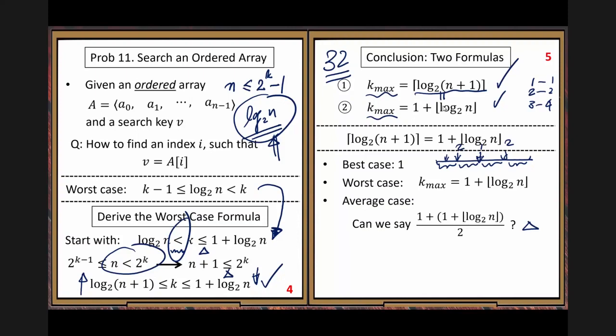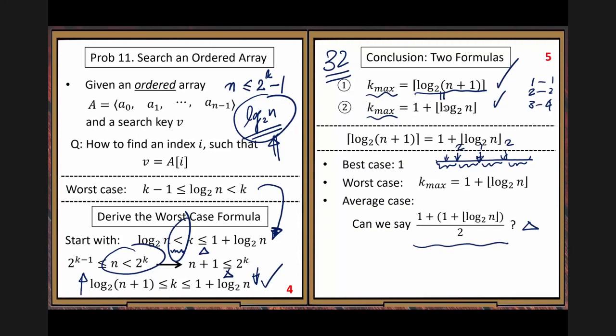The distribution like this is not linear, right? It's a power of 2 way. If it were linear, that would mean 1, 2, 3, 4, 5, consecutive integers, where every time the increase is the same. Here, the increase is different. If the increase is different, then this kind of average won't be correct.